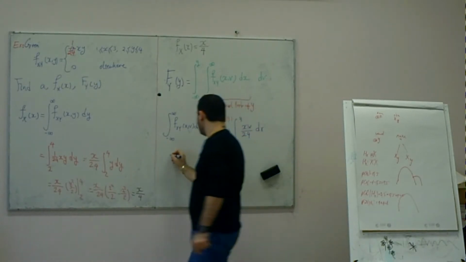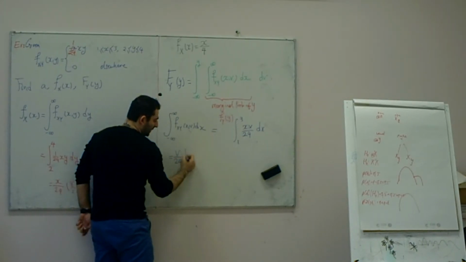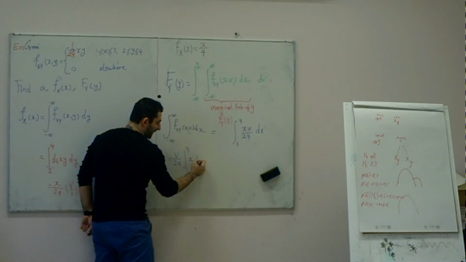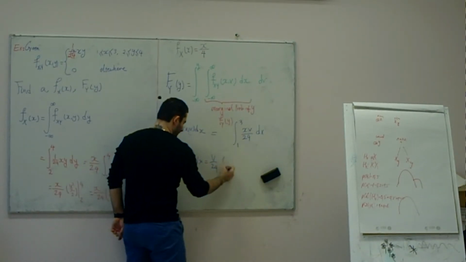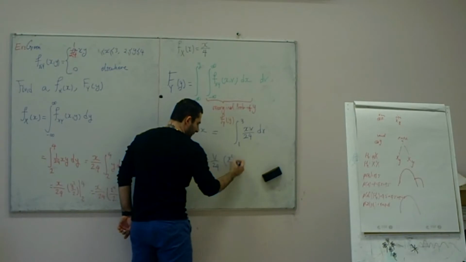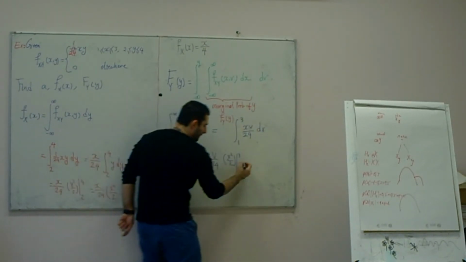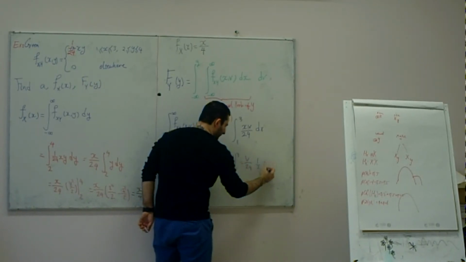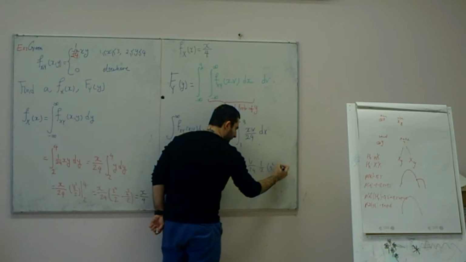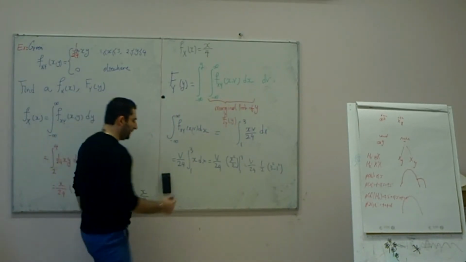So it will be v over 24 integral from 1 to 3 of x dx, which is v over 24 times x squared over 2 from 1 to 3, which is v over 24 multiplied by 1 over 2 multiplied by 3 to the power 2 minus 1 to the power 2, and this is 8 divided by 4, so it will be v over 6.